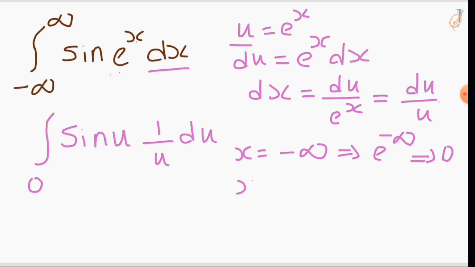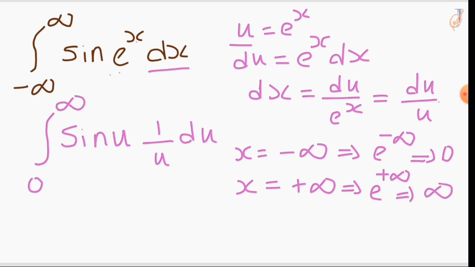If you take the upper limit, x as plus infinity, that is e^(plus infinity), e raised to a very large positive number, which approaches infinity. So the upper limit turns into infinity.